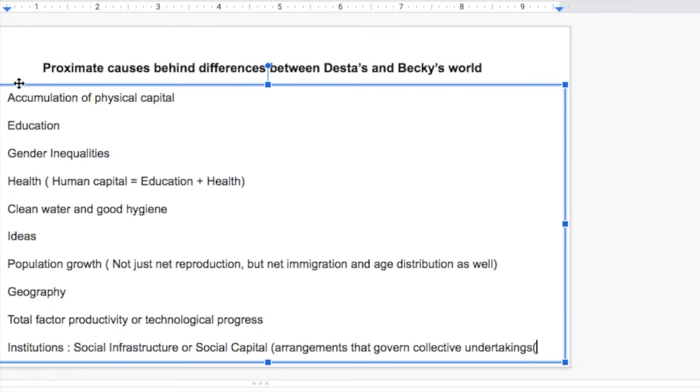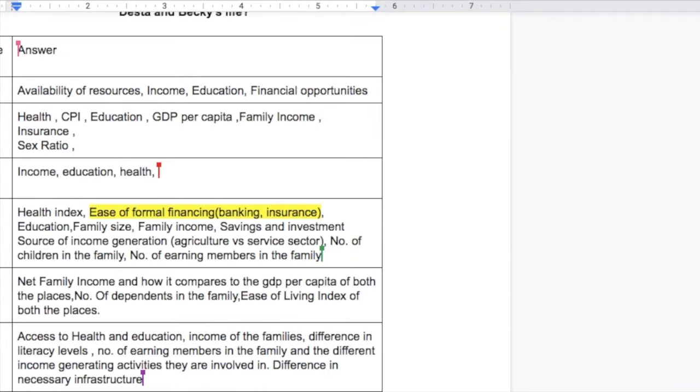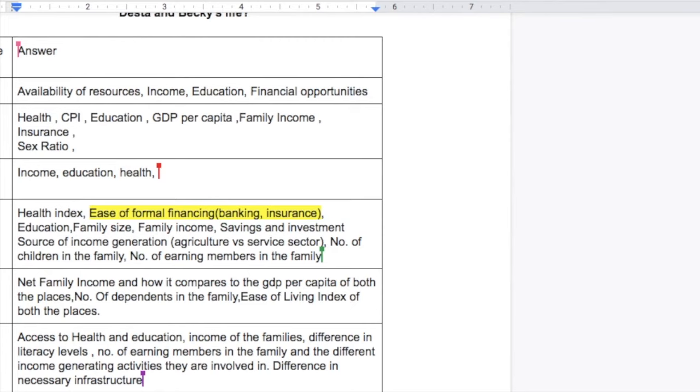This is the summary of what is mentioned in your text, if you see the slide on the screen, and these are your answers. Let's first briefly discuss your answers, and then I will move to that list.